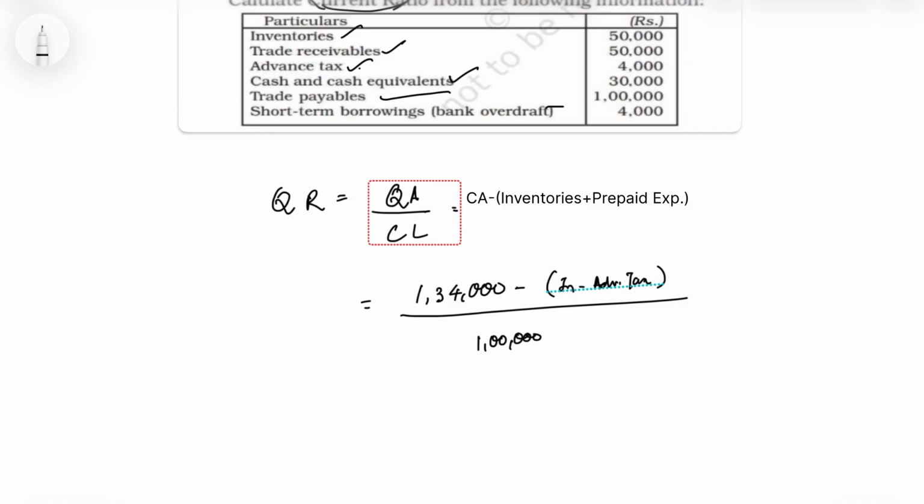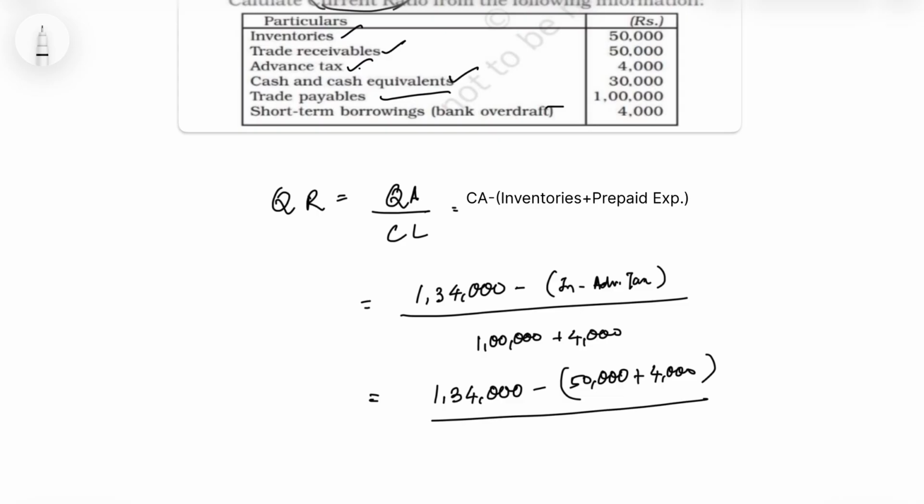Trade payable and bank overdraft, 1 lakh plus 4,000. So 1 lakh 34,000 minus inventory 50,000 and advance tax 4,000, divided by 1 lakh 4,000.